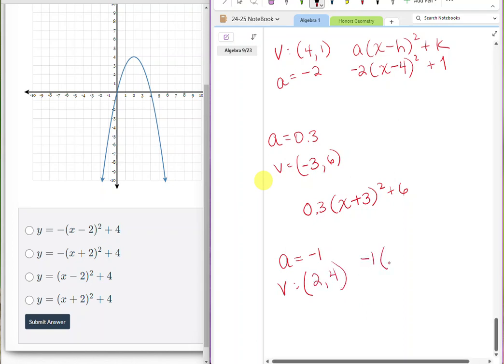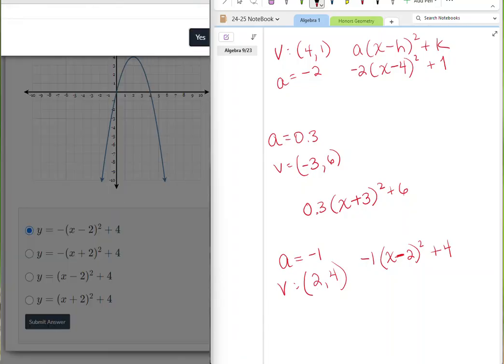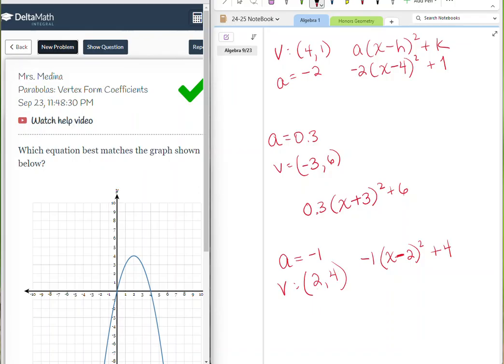So it'll be -1 times (x minus 2) squared plus 4. Since this is positive, it's going to get that negative sign. When you see a negative sign, that means h is positive, and then the 4 at the end. So it is 2 minus 2, 4. All right, that should do it for this one.